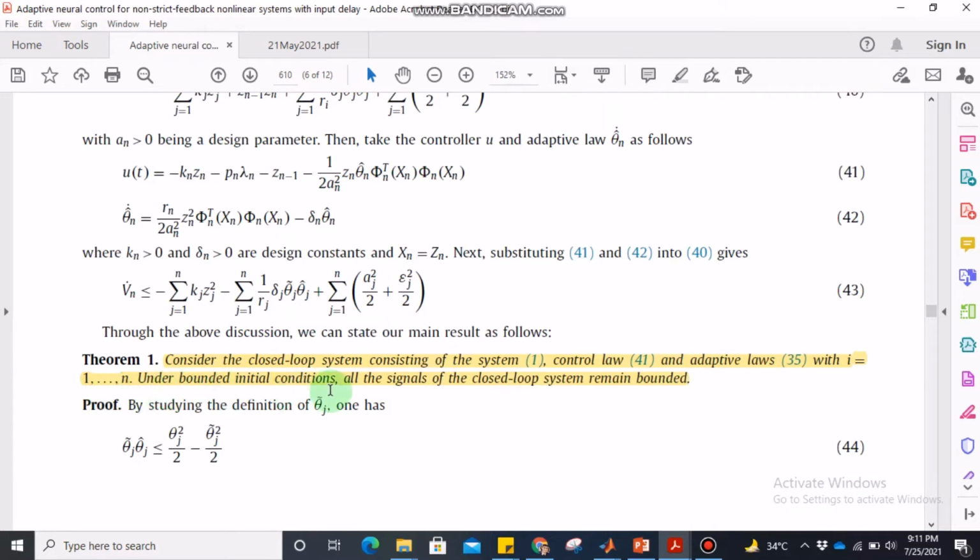This will make the closed loop system achieve boundedness. So now you know that in order to simulate the results of this paper, you will be using equations 1, 41 and 35. But if you look at equation 41, there will be some parameters like theta n hat, phi and lambda.